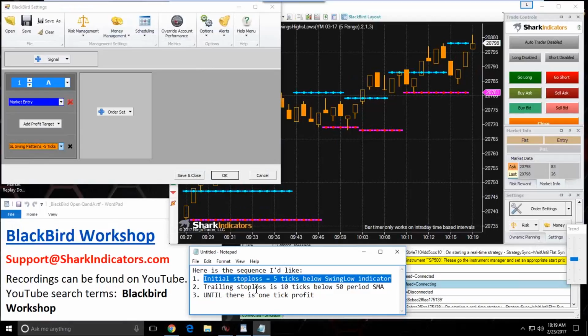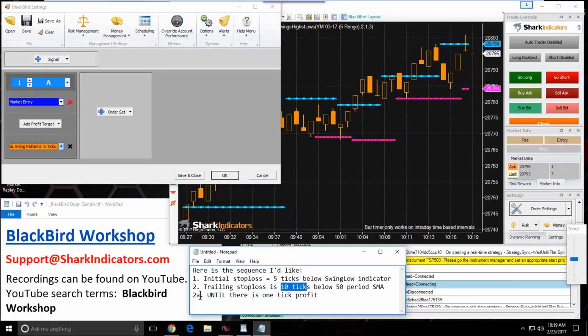So our initial placement is done. Now the next step is the trailing stop loss. I would say the last one down here is more like 2A. Actually, no, sorry, that's right. This would be a 3, so let's put that back.